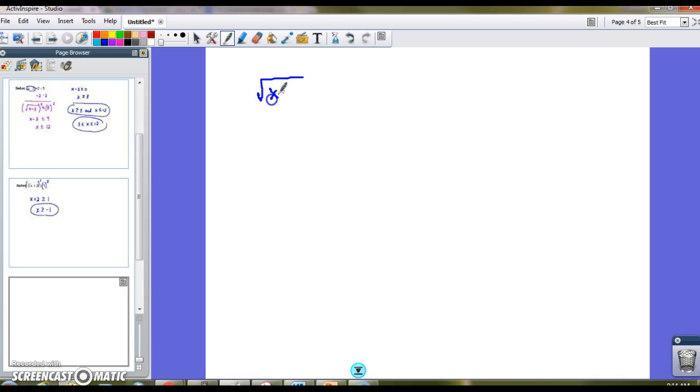You have the square root of x plus 7 is greater than or equal to the square root of 2x minus 1. You are going to square both sides of your inequality to get rid of your radicals. Square both sides. You get x plus 7 is greater than or equal to 2x minus 1.